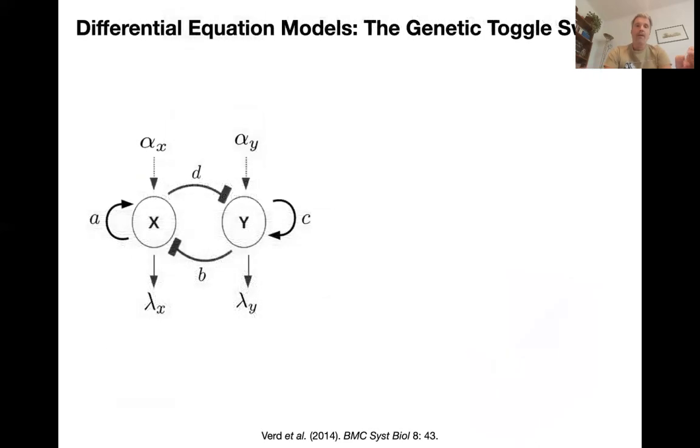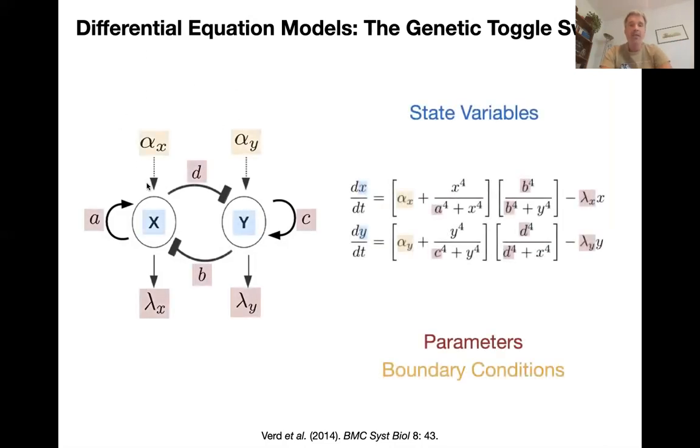So just very briefly to remind you of the formalism, here is a drawing of this toggle switch model. Remember that not only are there two repressive interactions between X and Y, but we also allowed for auto-activation of these two factors and some activating inputs from outside the system, which are called the boundary conditions of the system.